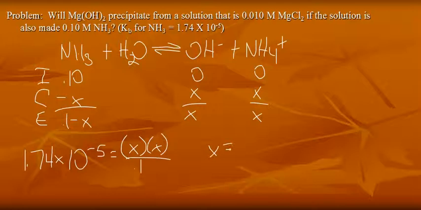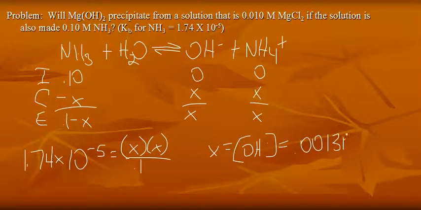So when we solve for x, that's the concentration of hydroxide, which comes out to a value of 0.0013 molar. So NH3 produces the hydroxide.